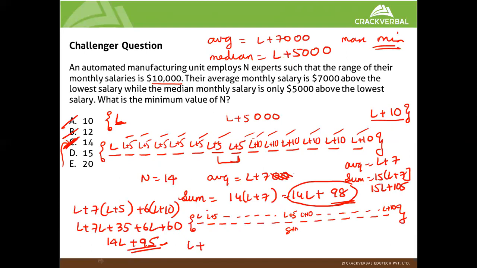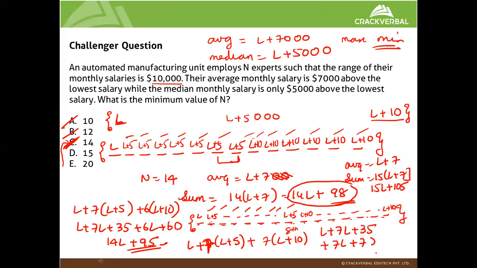That's L plus 8 times L plus 5, which is L plus 7 times L plus 5, plus 7 times L plus 10. That is L plus 7L plus 35 plus 7L plus 70, which gives me the total to be 15L plus 105, which exactly matches what the average is going to be. So the possible pick here is 15.